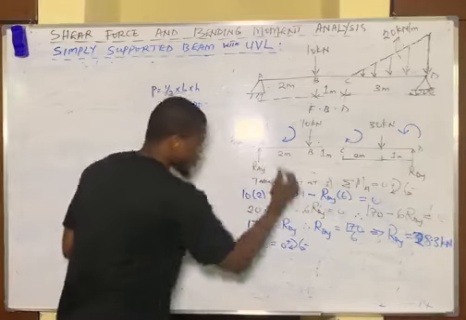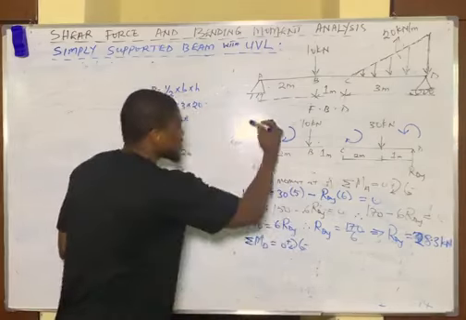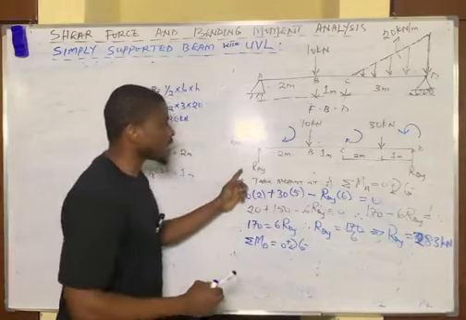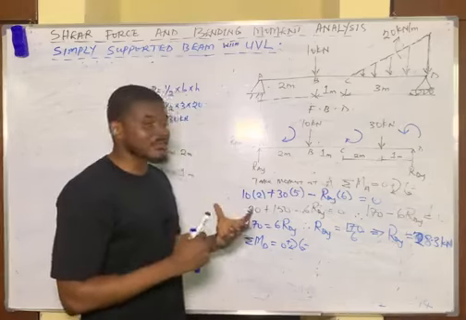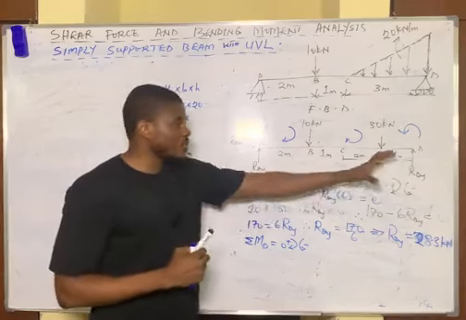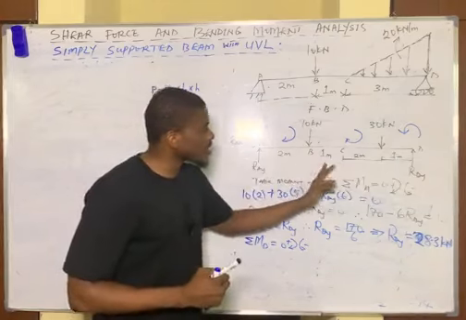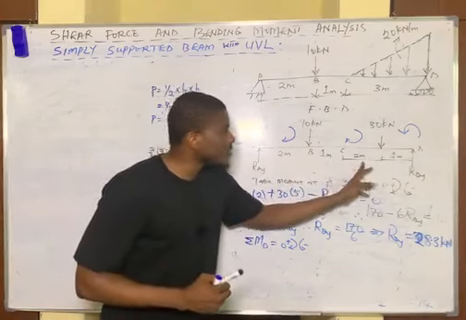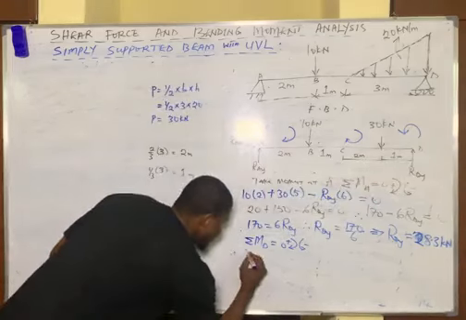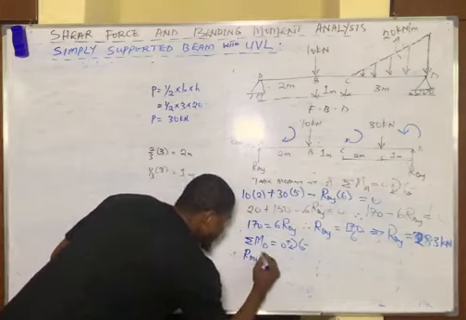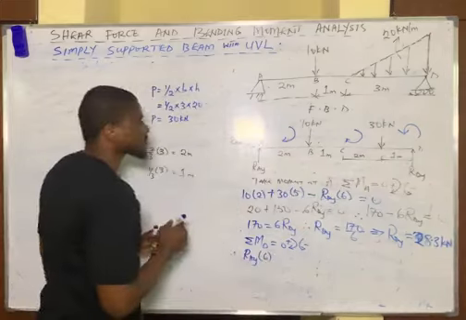This direction is clockwise. You say let clockwise be positive. So the moment of RAY about point D becomes positive. And the total distance becomes total distance of the beam to get to point D, which is 2 plus 1, 3 plus 2, 5 plus 1, 6. So you simply have RAY multiplied by 6.